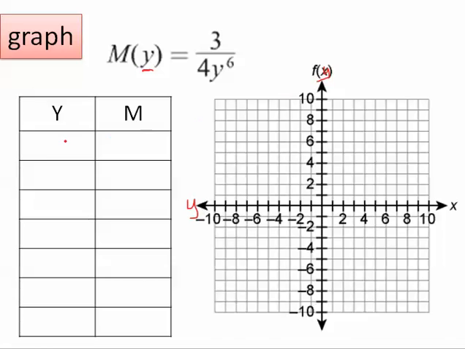I know that if I stick a 0 in for y, I'm going to get an undefined number, right? If I put a 1 in for y, it's going to go through 3 over 4. So at 1, it's going to be 3/4. That means it's going to go right in here somewhere.